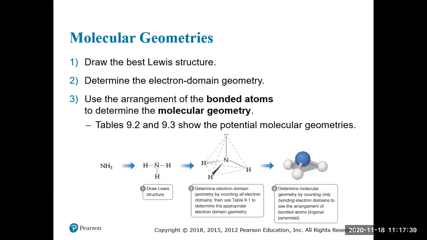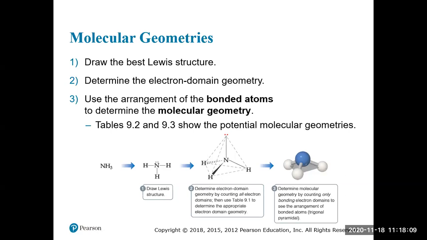So if we then go and look at the last diagram, we see just the atoms represented. So we're not representing the electrons, because when we're talking about the molecule shape, while we know the electrons are present, they're not part of the molecule shape that we're interested in. So for that molecular geometry, we're only looking at the bonding electron domains.